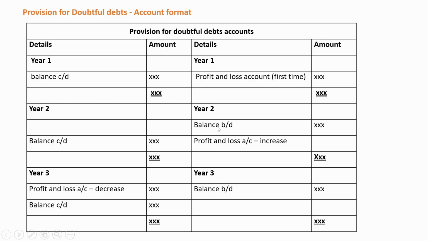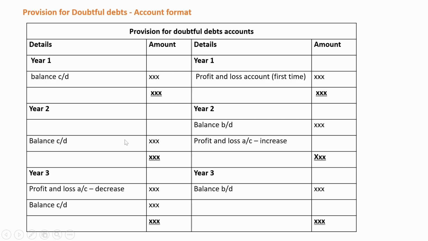And then in year 2, you are going to calculate provision for doubtful debts for year 2, which you are going to record as the balance carried down. If it is 10% of accounts receivable, take that 10% of accounts receivable and record the whole amount as balance carried down.